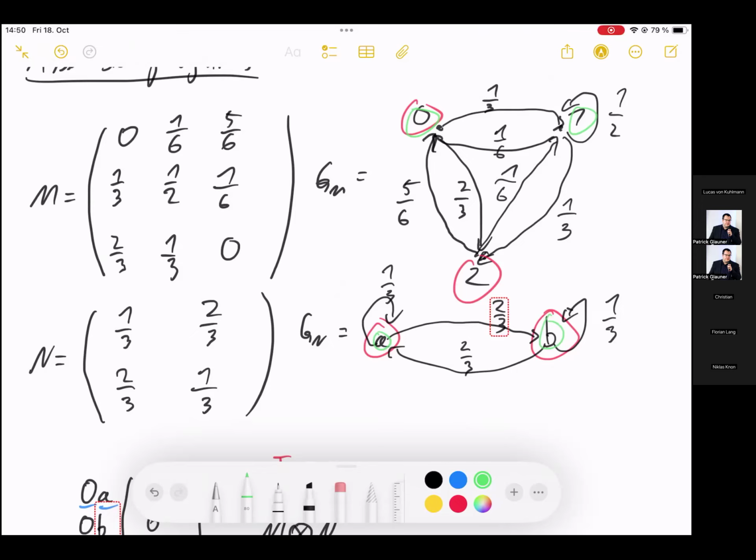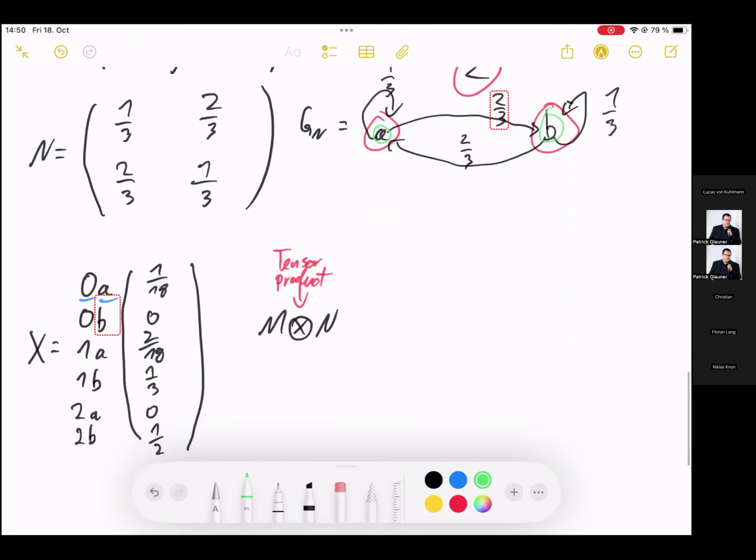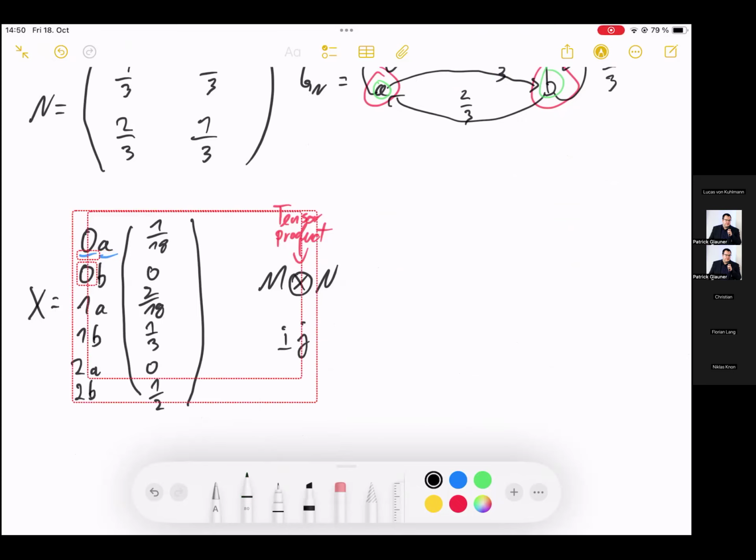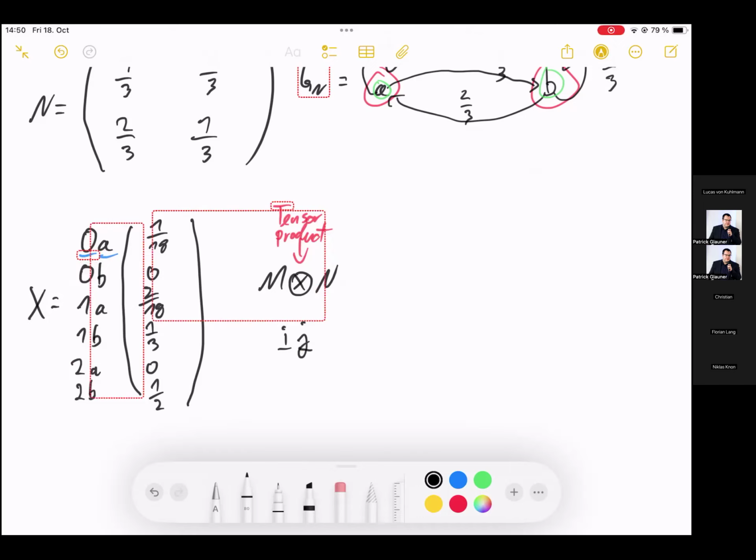So we could transition from 0A to 1B, or from 0A to 1A, and so forth. And how can these transitions be described? Well, if we have some state ij, where the i comes from M and the j comes from N, we want to transition to i prime and j prime.